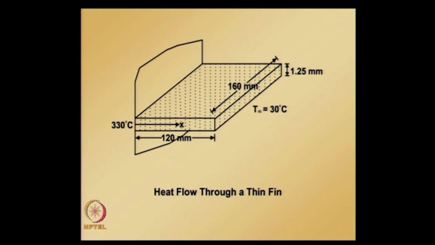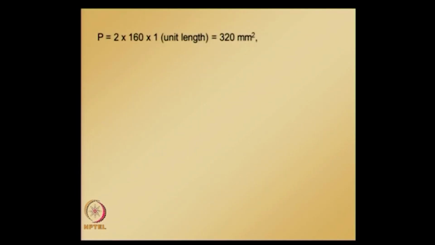And now the perimeter per unit length is, convection is assumed to be taking place from top and bottom surfaces. So, perimeter per unit length is obtained using this formula, 2 times 160 times unit length, and from the dimensions given we can easily find the area of cross section.